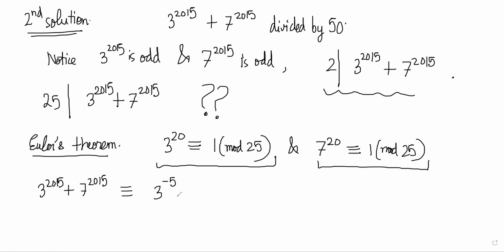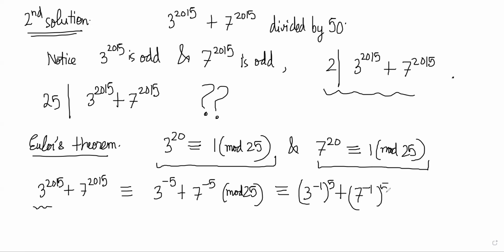So this is congruent to, when you do mod 25, 3 power minus 1 to the power 5 plus 7 power minus 1 to the power 5 mod 25.